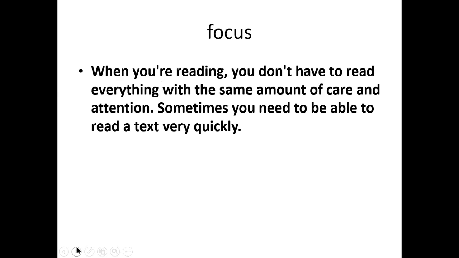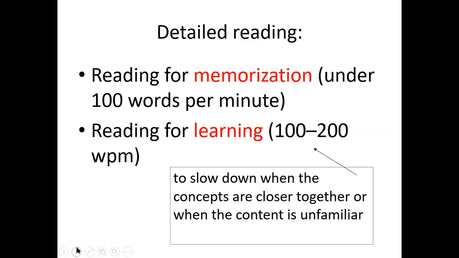The first thing is focus. When you are reading, you don't have to read everything with the same amount of care and attention. Sometimes you need to read a text very quickly. We have a topic to cover, skimming and scanning. Detailed reading, reading for memorization, is under 100 words per minute.